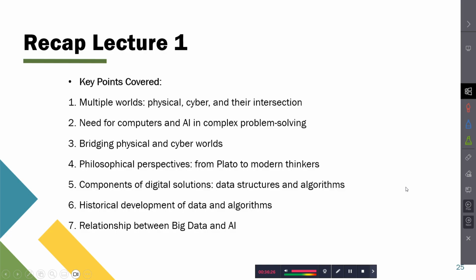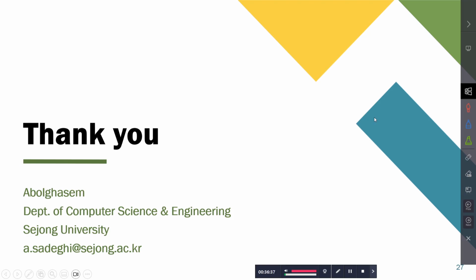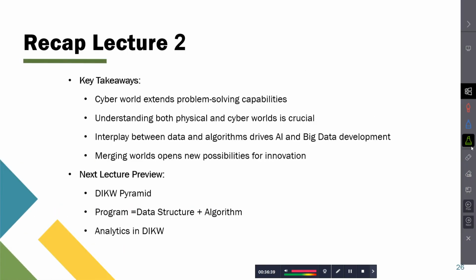Also, there are some key points. Let's use some pen. The cyber world extends our problem-solving capability beyond what is possible in the physical world alone.